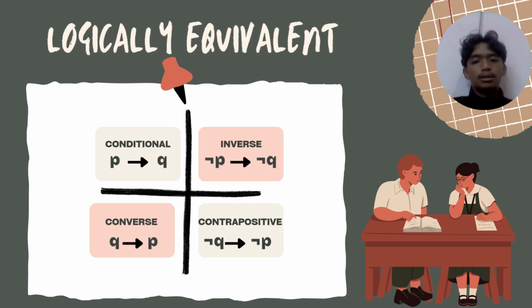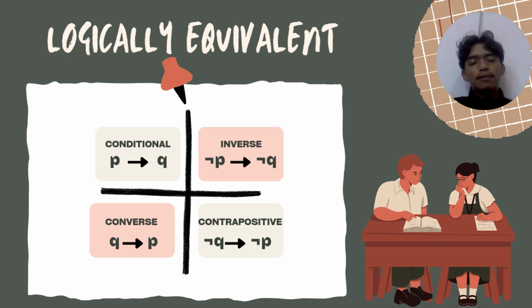Logically equivalent contains conditional, inverse, converse, and contrapositive. Conditional is always the starting point because it is based on the question, while the other three, which are inverse, converse, and contrapositive, are related to the conditional.